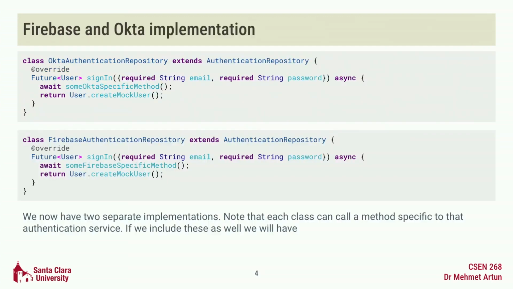Now, we create two new classes, Firebase and Okta, and in both of them, I need to implement the abstract class method, the class I'm extending, which is authentication repository. I need to implement the sign-in method of it, specific to Firebase or Okta.